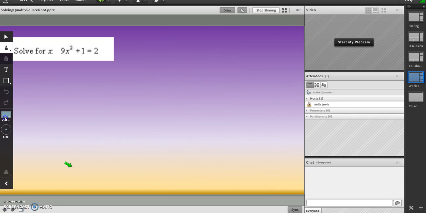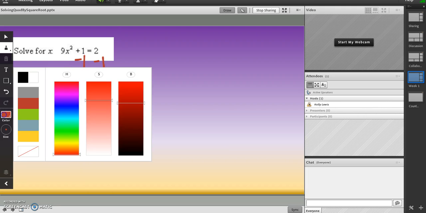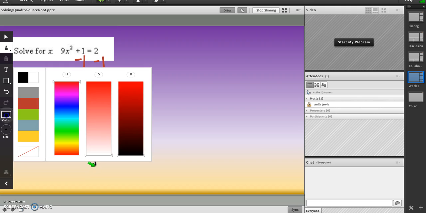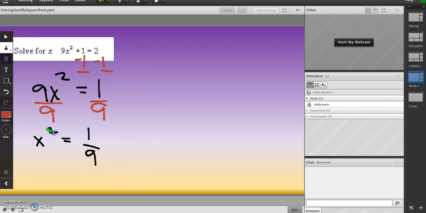All right, let's do this one. We need the x squared all by himself, so we're going to subtract 1. And we get 9x squared equals 2 minus 1 is 1. Then that 9 is being multiplied, so the opposite of multiplication is division. So we're going to divide by 9 on both sides, and we get x squared equals 1 over 9. To get rid of that x squared, we're going to take the square root.